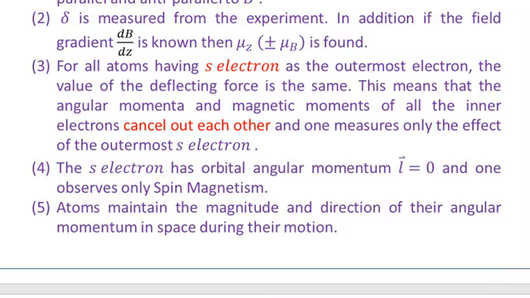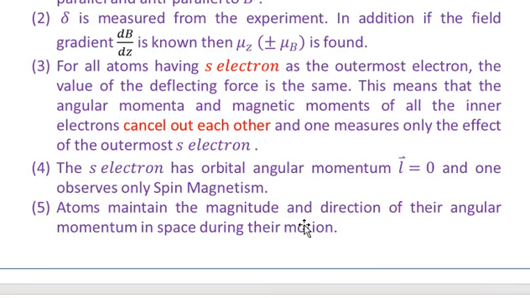For all the inner electrons forming closed shells about the nucleus, the total orbital angular momentum and the total magnetic moment are 0. The s electron has orbital angular momentum L equal to 0, and one observes only the spin magnetism.